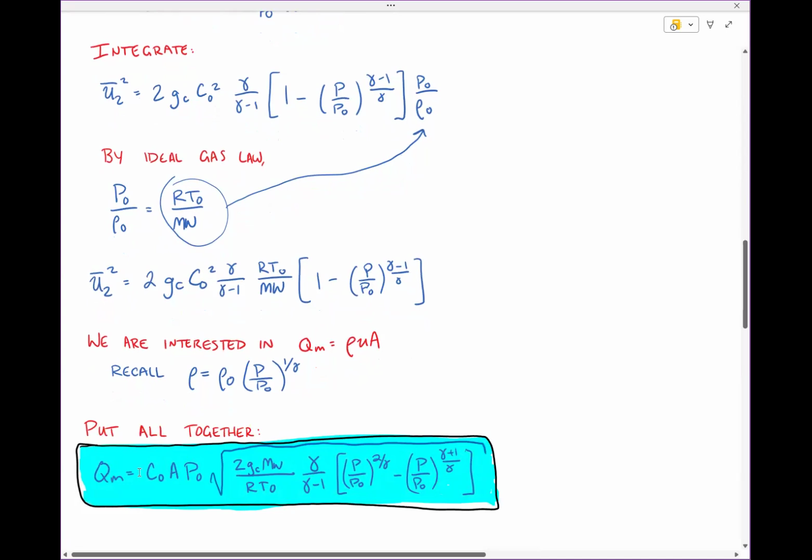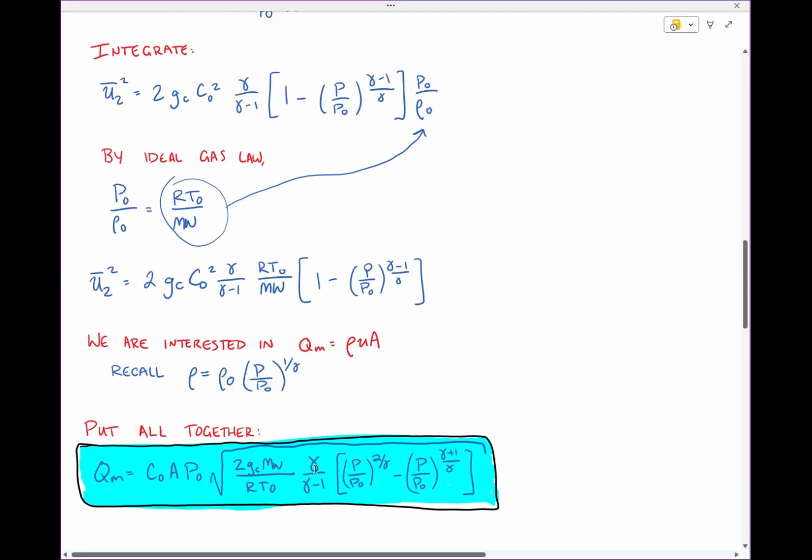So the mass flow rate is equal to C0, which is the discharge coefficient. Again, that'll be some number between 0.61 and 1, times A, this is the area of the hole, times P naught, remember this is the pressure inside the vessel, times the square root of 2 gc, gc is the gravitational constant, 1 in SI units, or 32 in US customary units, times the molecular weight divided by R T0, and T is the temperature inside the vessel, times gamma over gamma minus 1.